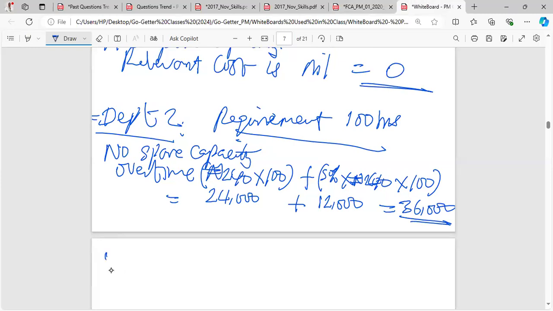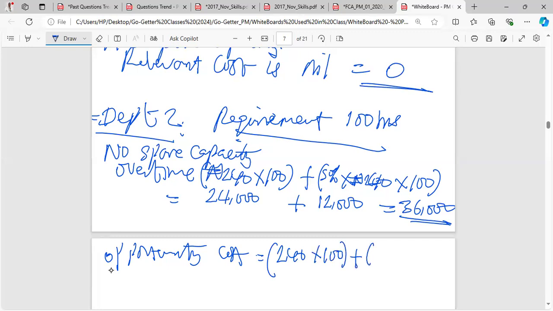So you will still pay the 240 naira times 100 hours, plus the opportunity cost that you will lose, 80 naira, for diverting the time spent in that other department to doing this.